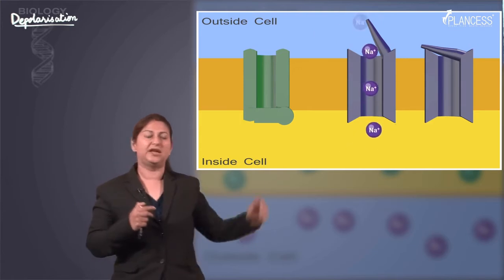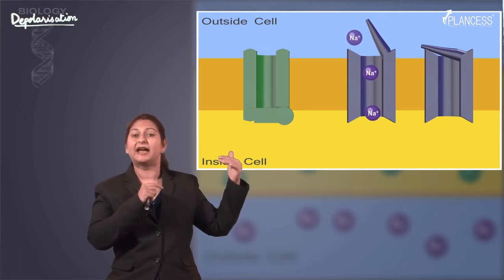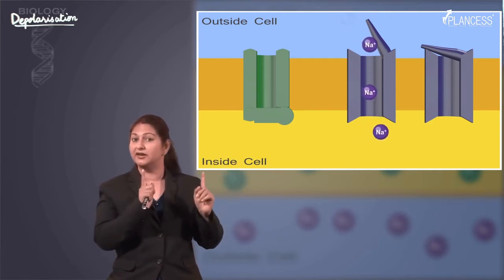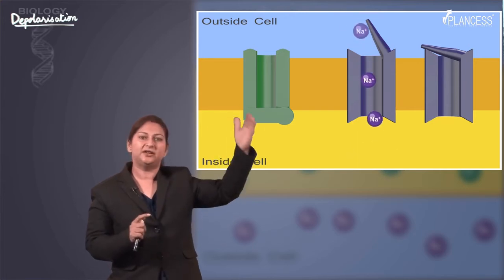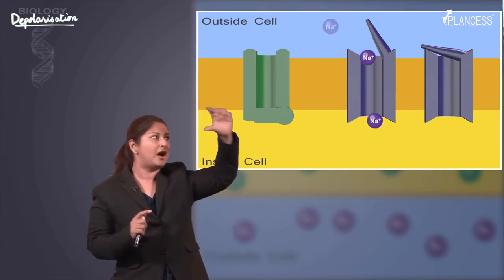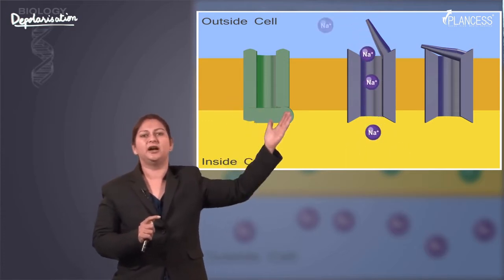Because of that, the positivity inside will increase. Earlier, the scenario was that the interiors were negative. Now, not in the first instance, but throughout the axon length, this will happen one after the other.